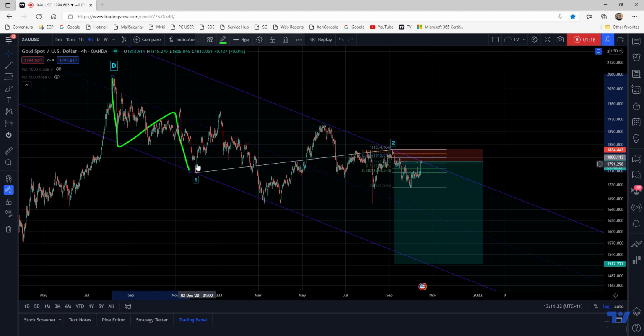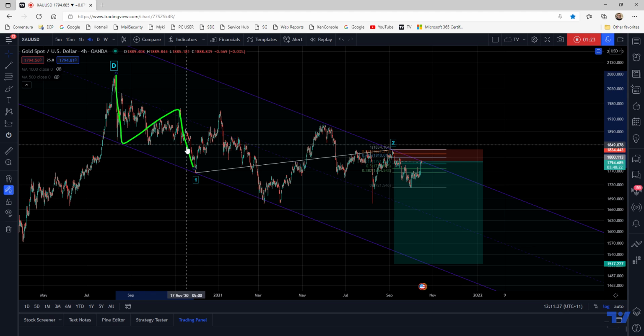So I don't think that's actually a wave 3 anymore. What I'm thinking is that this is just a wave 1 zigzag, right?